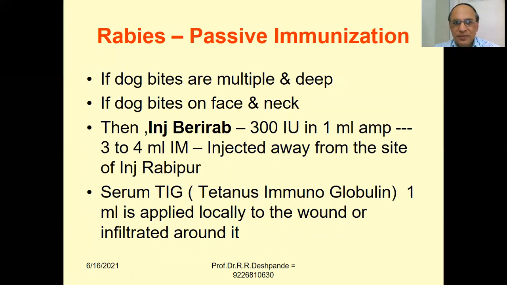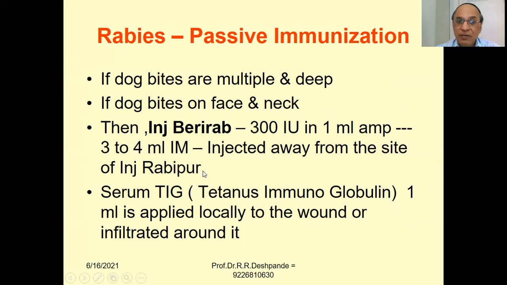Passive immunization: if the dog bites are multiple and deep, or if the dog bites are on the face or the neck, which is very serious, then give injection Beri-Rab, 300 IU in a 1 ml ampule, 3 to 4 ml IM, injected away from the site of the injection Rabipur.